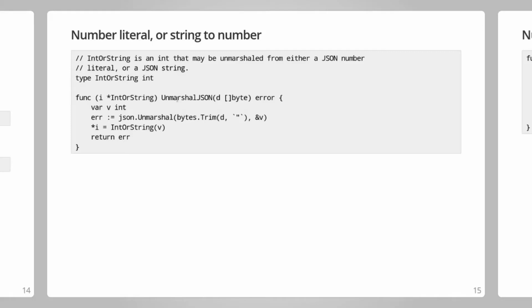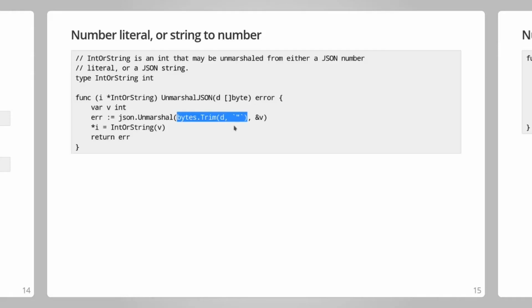And then on that type, I've defined a custom unmarshaller, which you do by defining a function called UnmarshalJSON. Inside that function, I simply unmarshal to an integer called v, and then I assign that integer to the receiver, which is called i. Now the magical part here is that I remove any leading or trailing quote marks before doing that unmarshal.